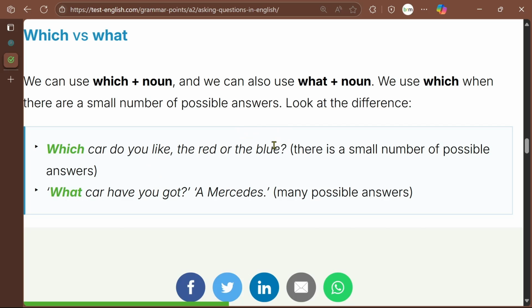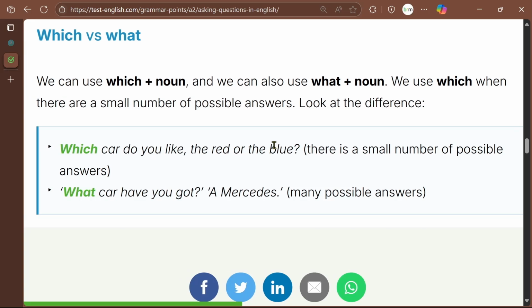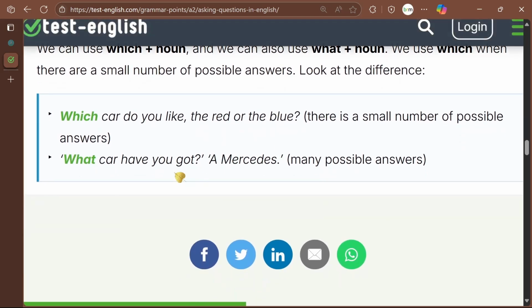There are two possible answers, red or blue. But when there are many possible answers, you ask, what car have you got? Not which car have you got. Which means a few possibilities. You see this difference?